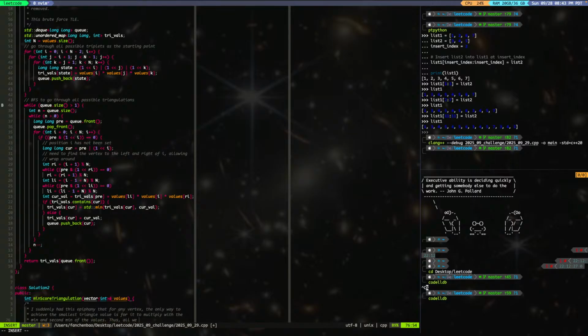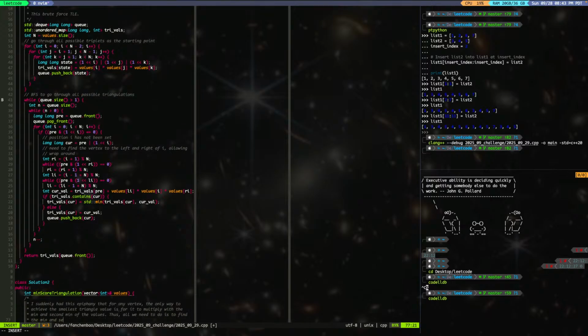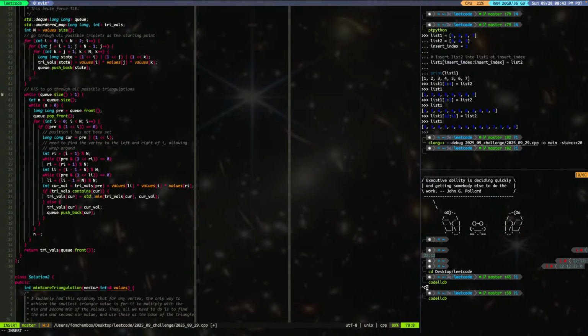Thus, all we need to do is to find the min and second min value, and use these as the base of the triangle, and multiply the rest.